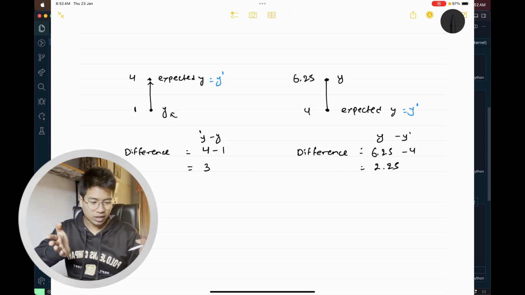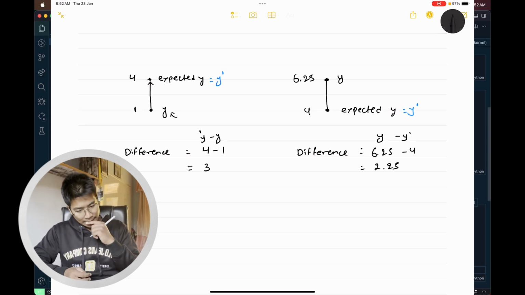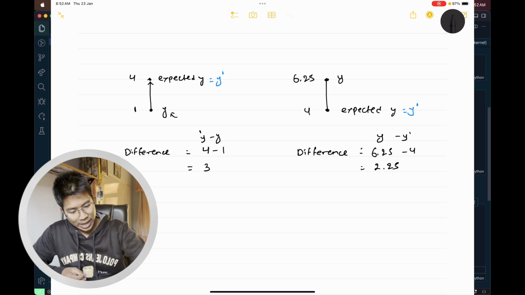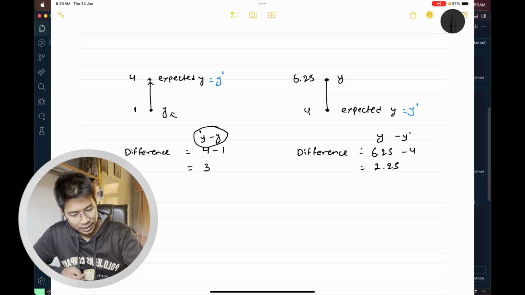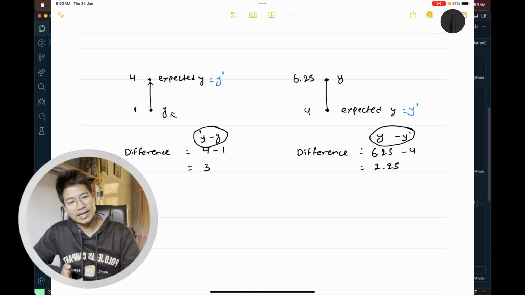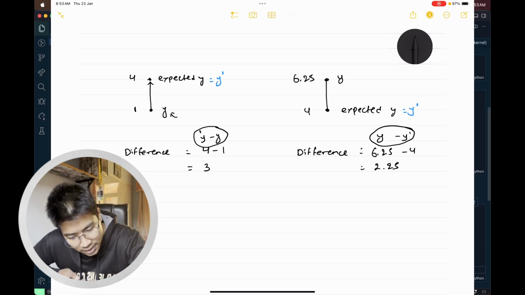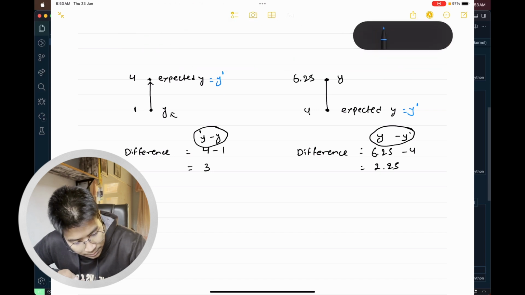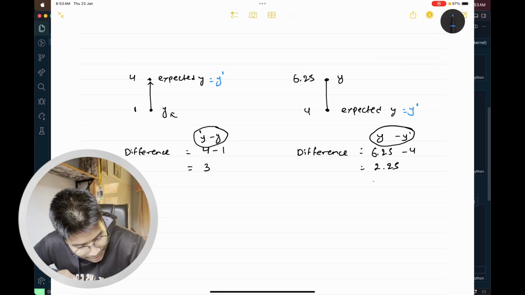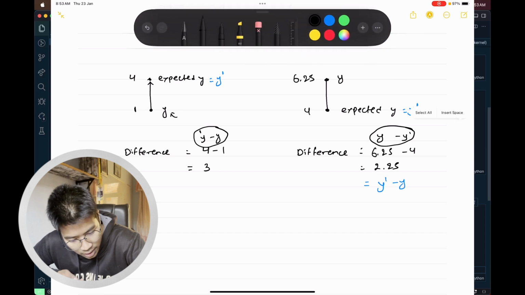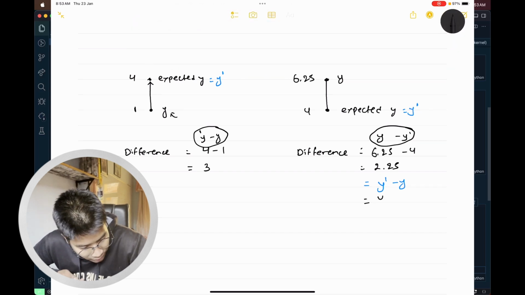So we already have a conflicting term over here, because I'm calculating y dash minus y on one side and y minus y dash on the other side. So let's make our formula consistent. Instead of y minus y dash, let us make this y dash minus y as well. If you do that, then the computation will look like 4 minus 6.25, and this would be negative 2.25.